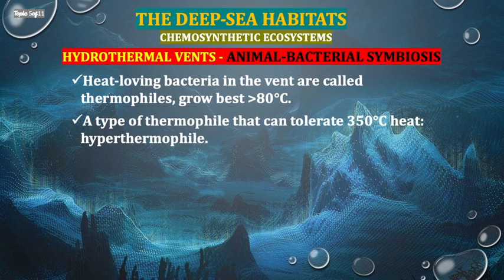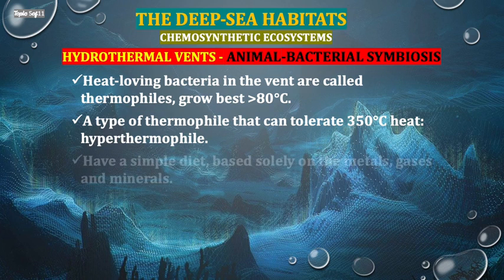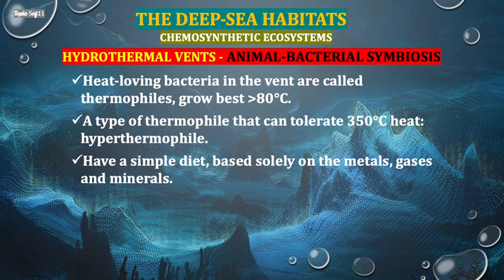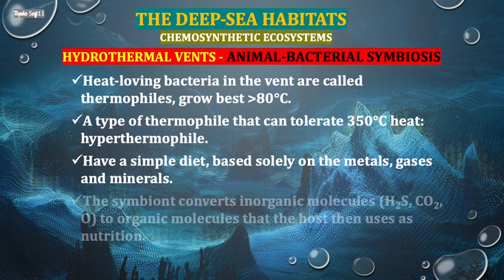However, for vent areas that have a temperature of up to 350 degrees Celsius, the bacteria are then classified as hyperthermophiles. The thermophiles have a very simple diet, which is based on the metals or gases and minerals present in the area. So today, marine scientists are able to actually produce the bacteria that they collected from the vents by culturing them in the lab setting and feeding the bacteria with only sulfur, oxygen, and carbon dioxide.